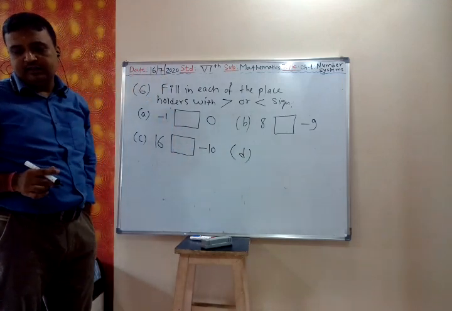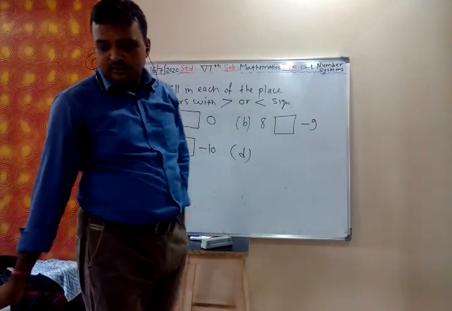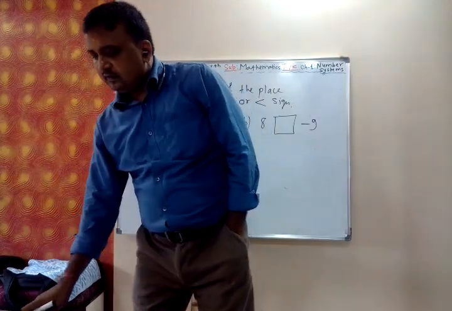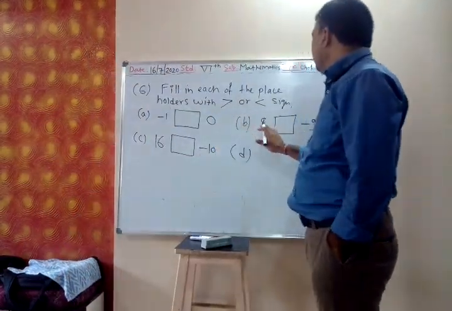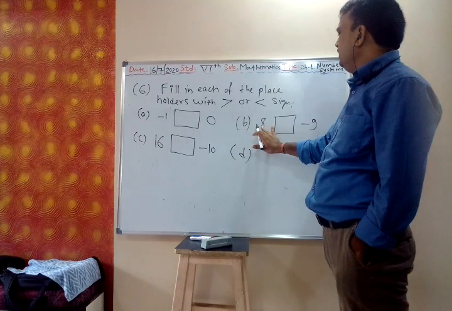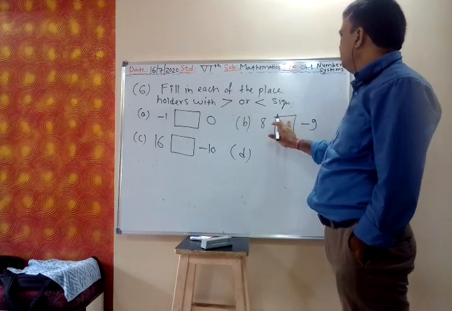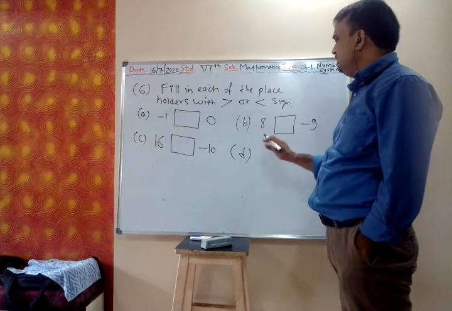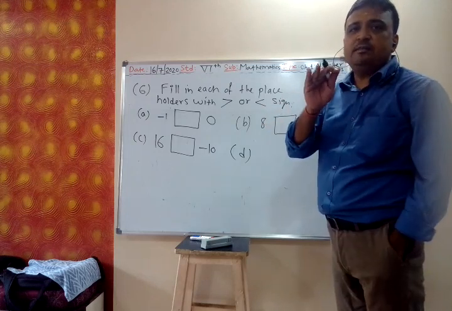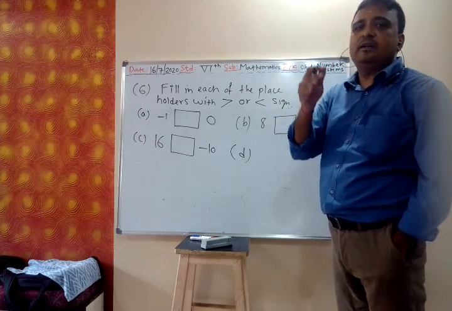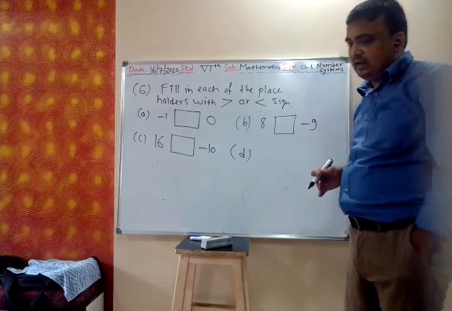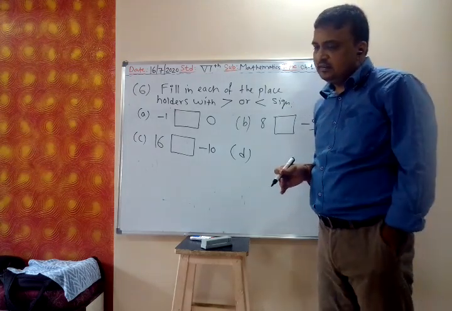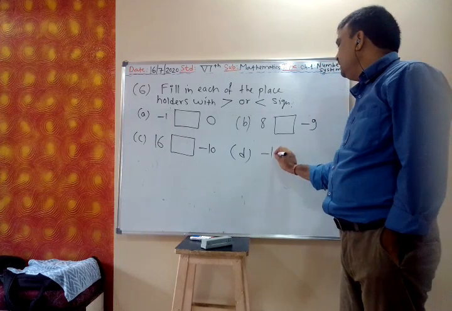B is 8 and -9. That is the question. For 8 and -9 you have to write which is bigger, which is smaller. You can write anywhere. But when we draw this number on the number line, we have to take care.